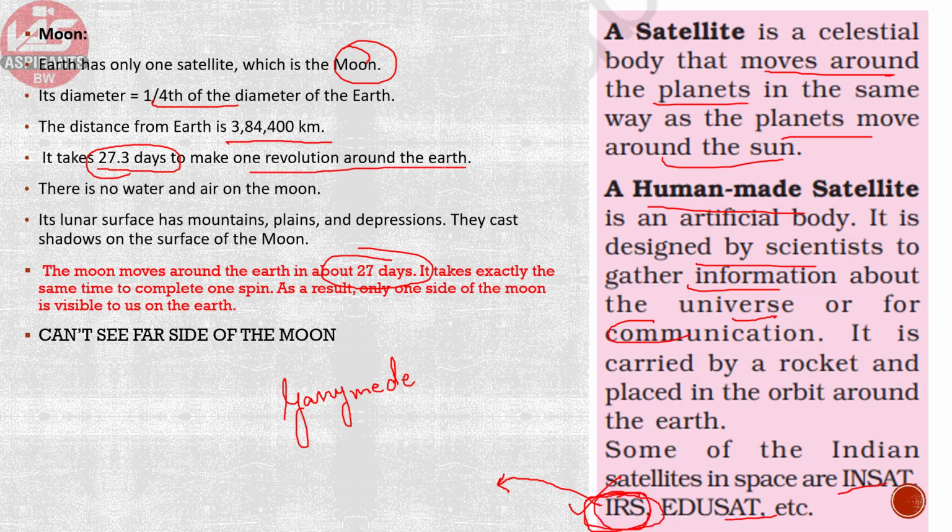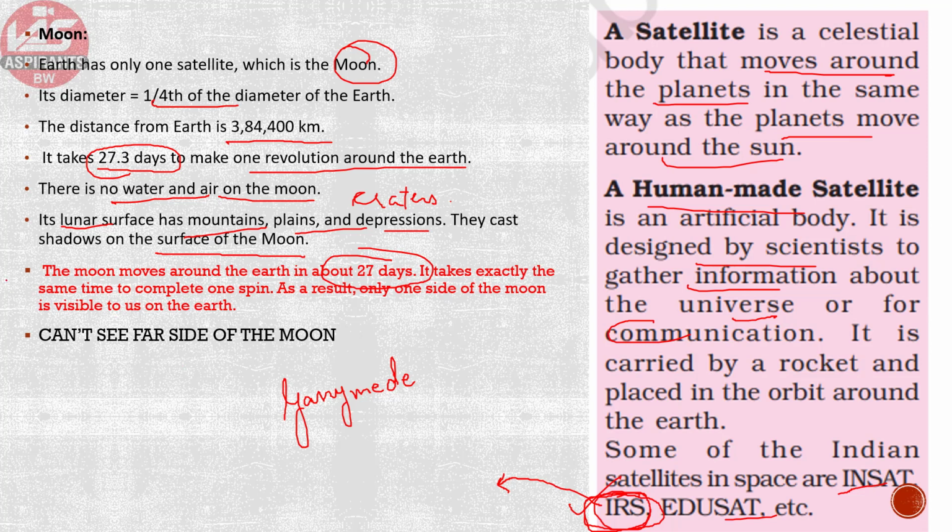So the revolution is around the Earth. And there is no water and air on the moon. The lunar surface, that is the moon surface, has mountains, plains and depressions, and the mountains cast shadows on the surface of the moon. There are lots of craters as well, right?